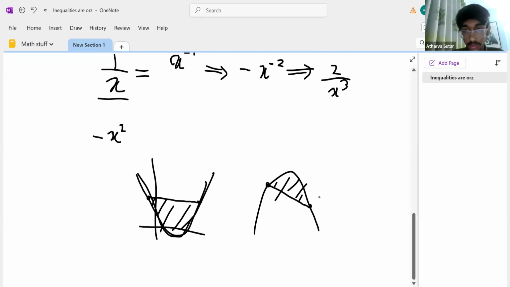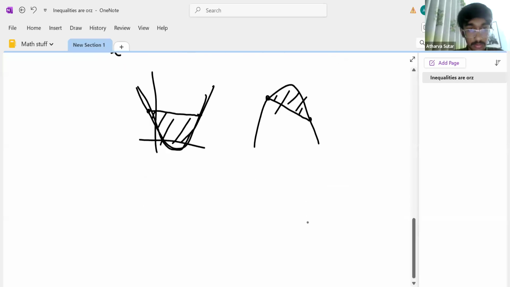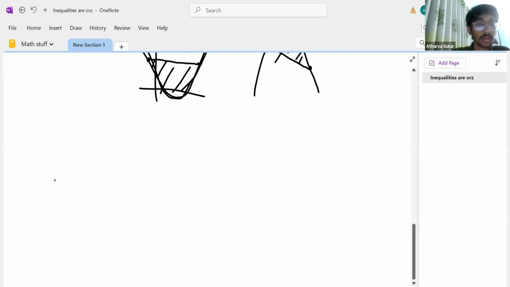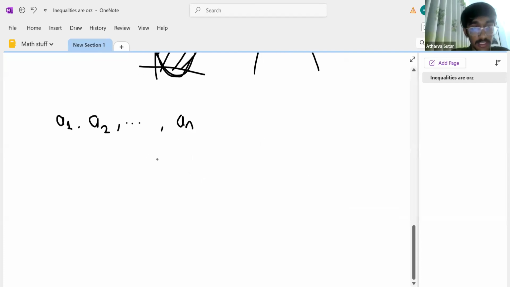Okay, now let's move on to Jensen's inequality. Jensen's inequality states that for any positive reals a1, a2, and so on till an, we have these two terms.